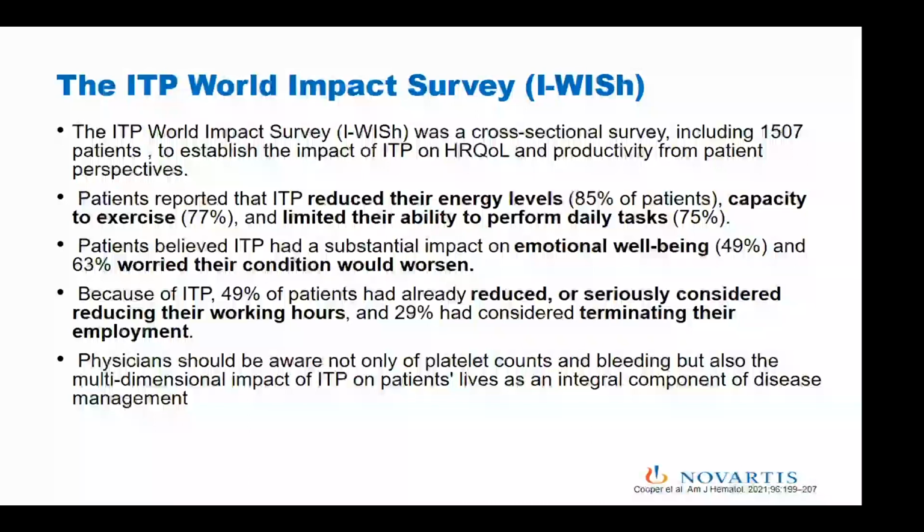They found that 85% of ITP patients complain of reduced energy level. Also, 77% complain of impaired capacity to exercise, and 75% complain of limited ability to perform daily tasks.